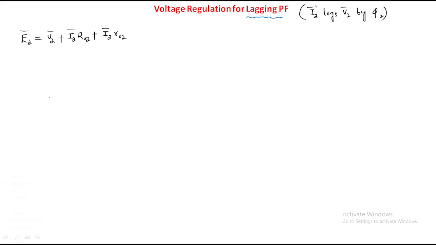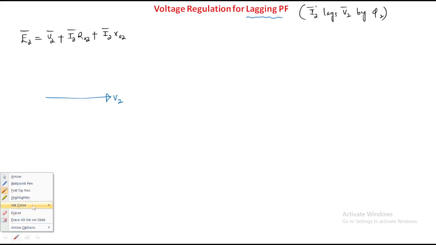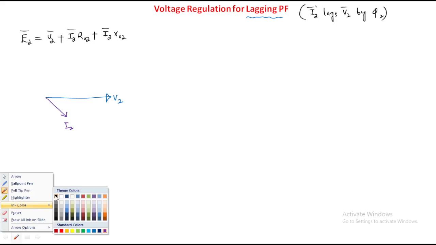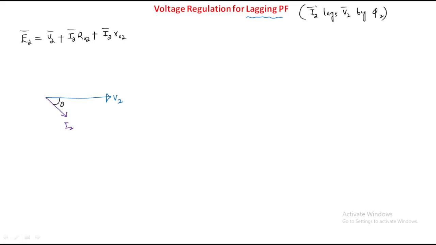Let us take the reference as the voltage V2. Then the current lags the voltage by the angle phi 2.